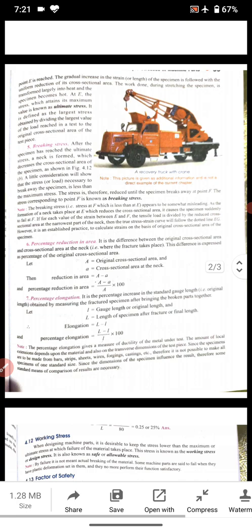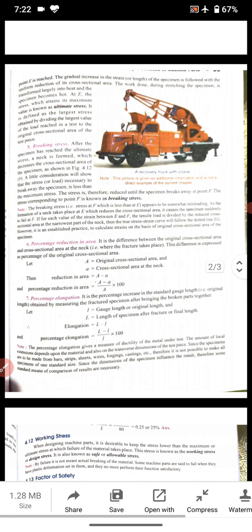Percentage elongation gives a measure of the ductility of the metal under test. The amount of local extension depends upon the material and also on the transverse dimension of the test specimen.